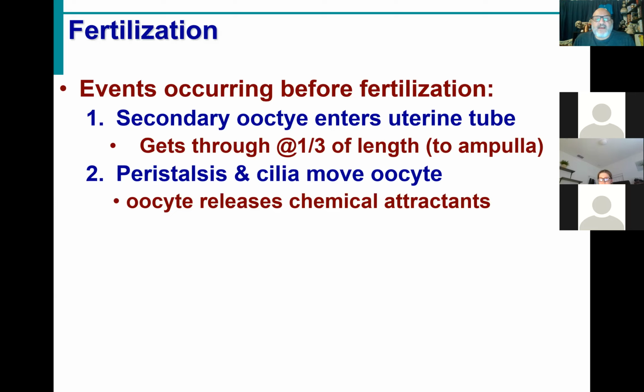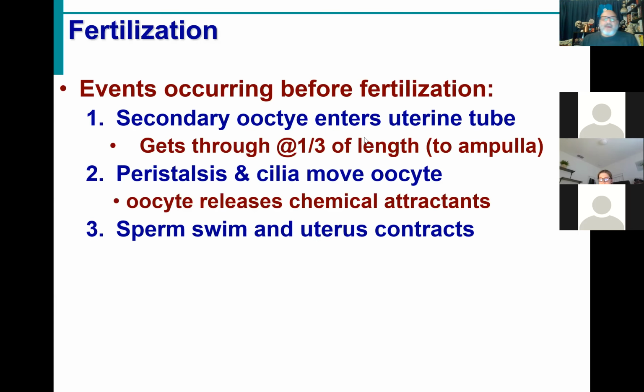As I said, that oocyte is releasing chemical attractants trying to draw the sperm to it. And in fact, the sperm do swim, as we mentioned, from the vaginal canal through the cervix, through the uterus, into the uterine tube. But remember, we also talked about how the prostaglandins in the semen, as well as a female orgasm, can cause a reverse peristalsis that will help to bring the sperm up towards the oocyte.